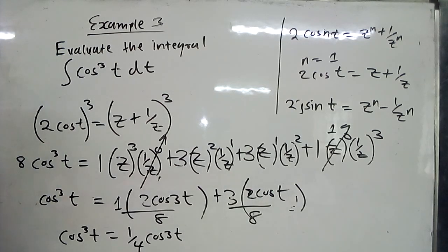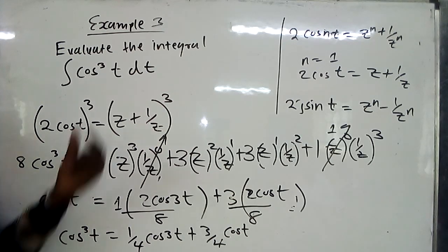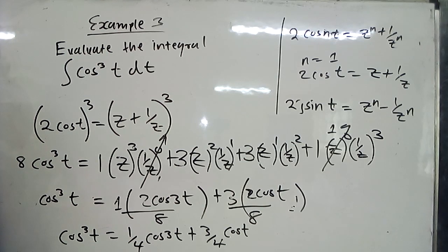Then 3 times 2 is 6 divided by 8, you get 3 over 4 cos t. So you see, cos cubed t can be expressed in this form using the Moivre's theorem. So it means you use the Moivre's theorem to get rid of the power for you to be able to integrate that cosine function. Is that okay? Are we together?